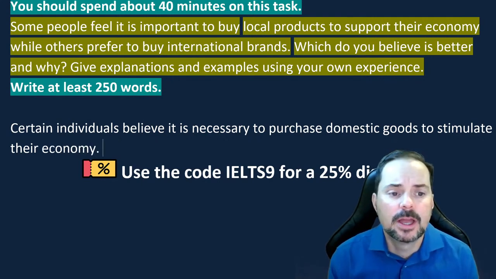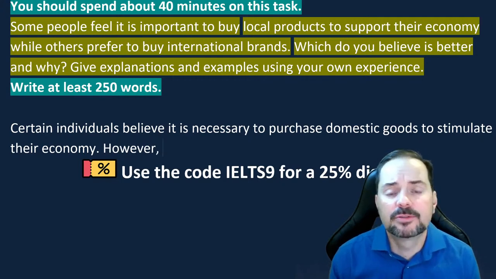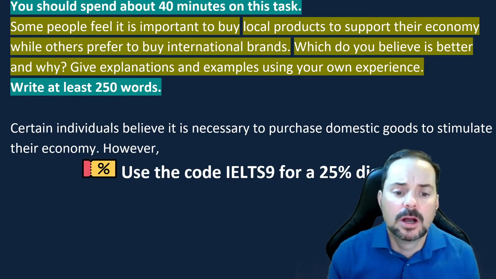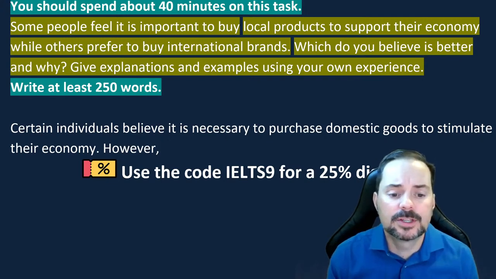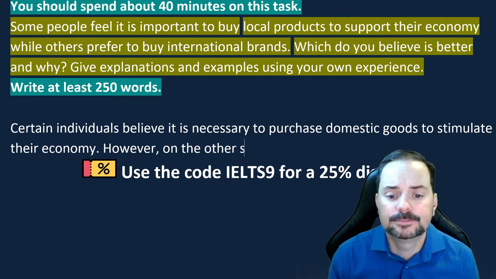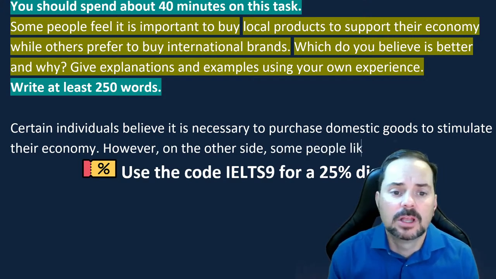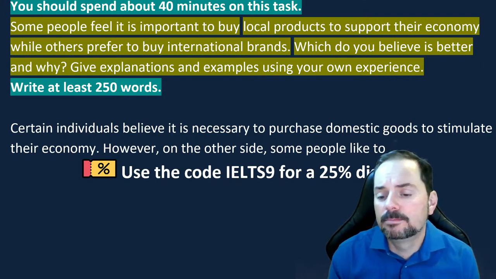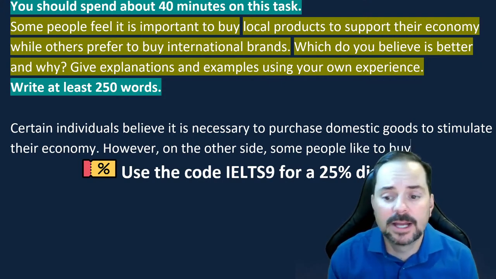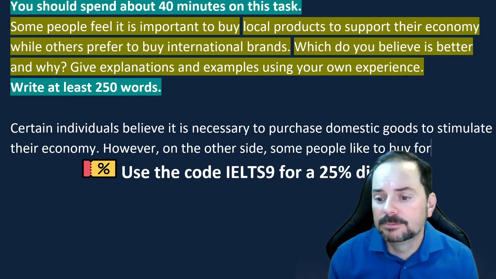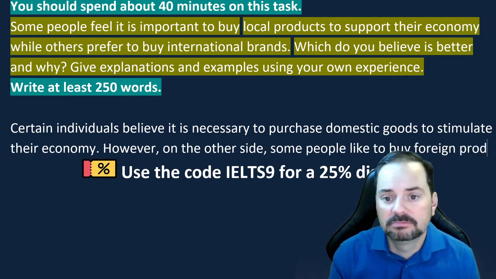Okay. New sentence. A little bit of grammar paraphrasing. However, on the other side, some people like to purchase or buy international brands, foreign products.